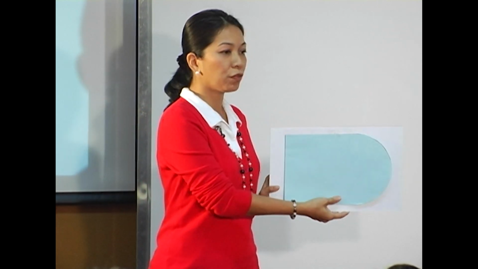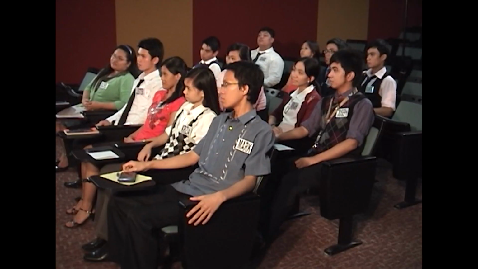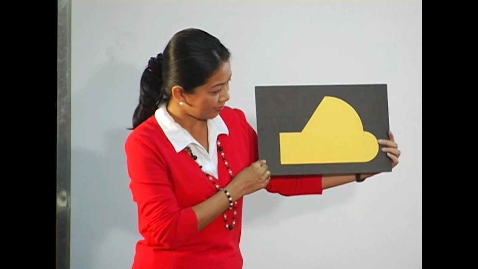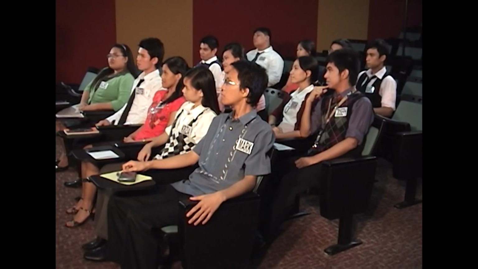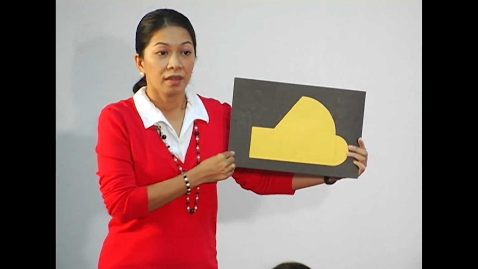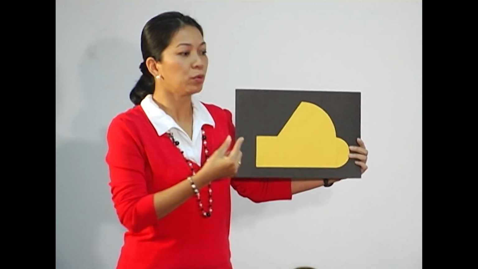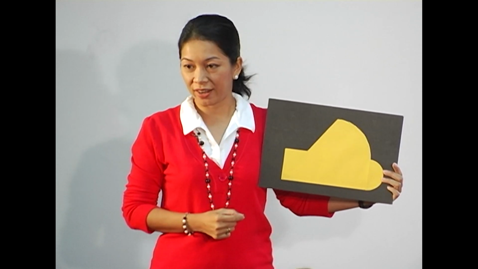Okay. My question for you now is, how do you get the area of something like this? Doesn't look familiar, right? What did we say earlier? If it does not look familiar, you break it up into parts which would look more familiar. And when we say familiar, we mean you know the formula for the area.